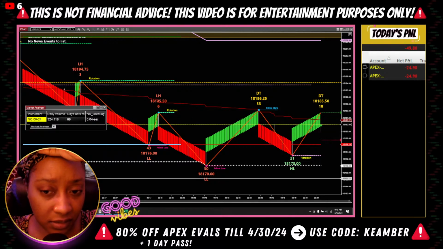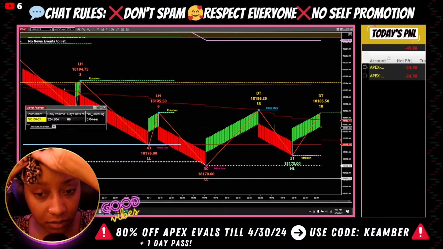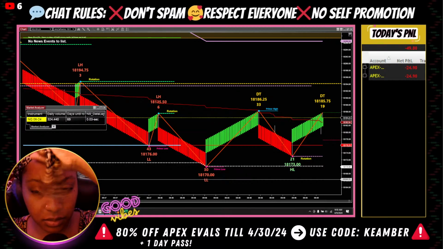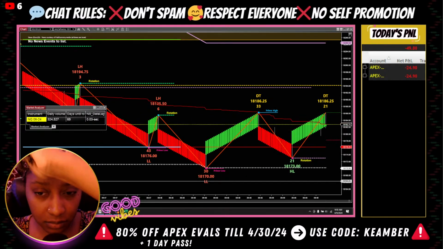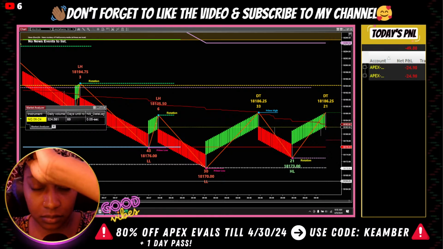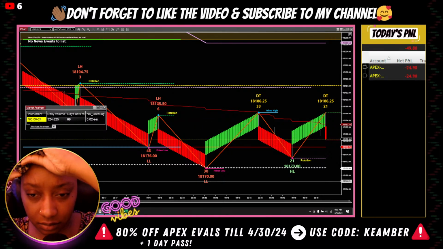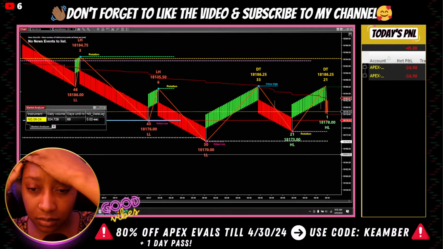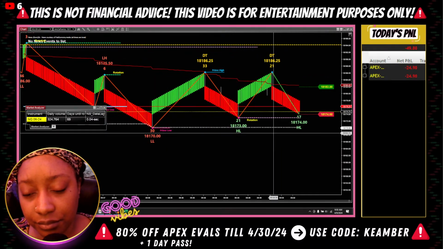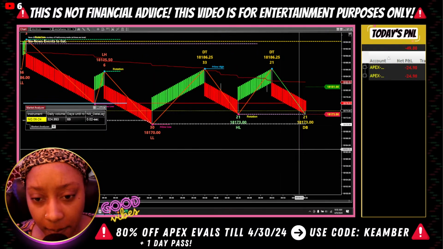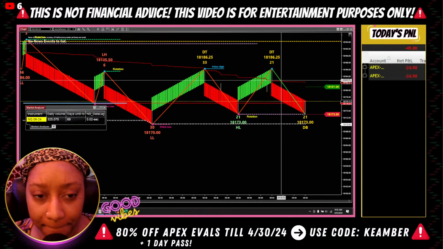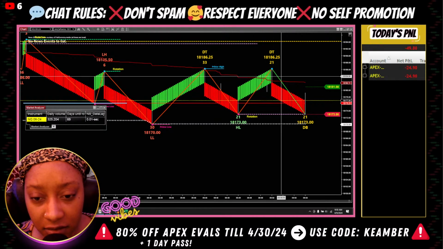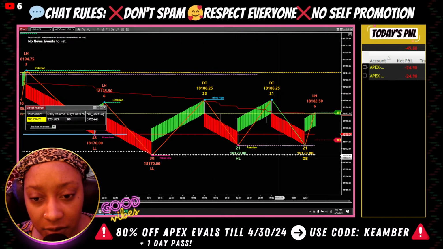I'm not interested in this sell either. Let me see. Buy, sell. I don't like when double tops are back to back in the same like trade that I would take.